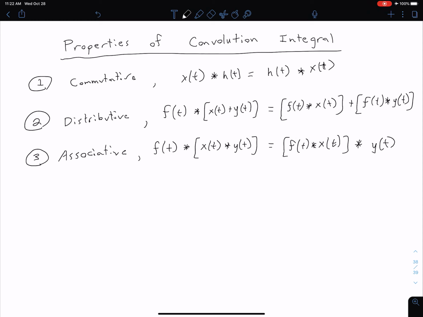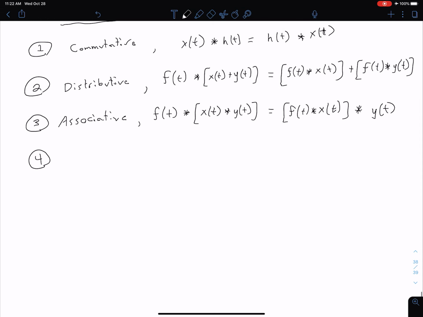The next properties don't necessarily have names, but let's take a look at those. These are more specific cases. If we have some function f of t convolved with our impulse, delta of t, thinking back to our integral definition, that would be the integral from negative infinity to infinity of f of lambda times delta of t minus lambda d lambda, and from here we can see this is essentially our sifting property.